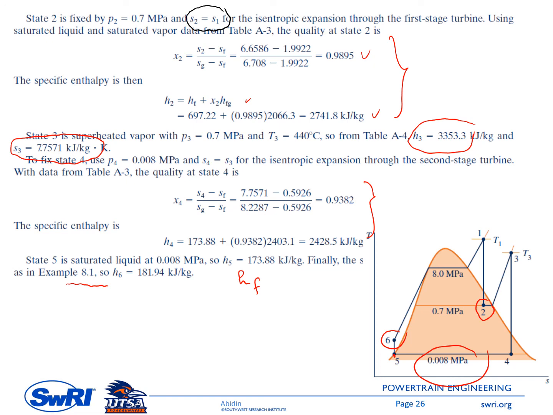Okay, so look at example 8.1 to check this number. Okay, so we have completed the state properties for all 6 points, and I think we are ready to answer the question.